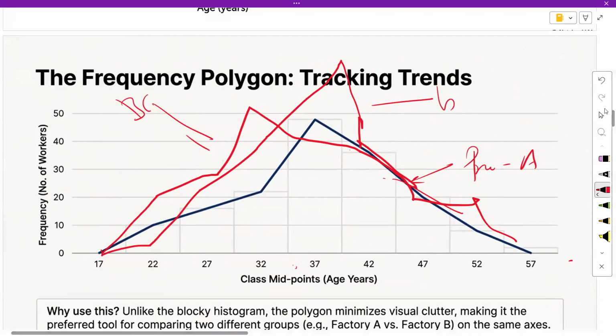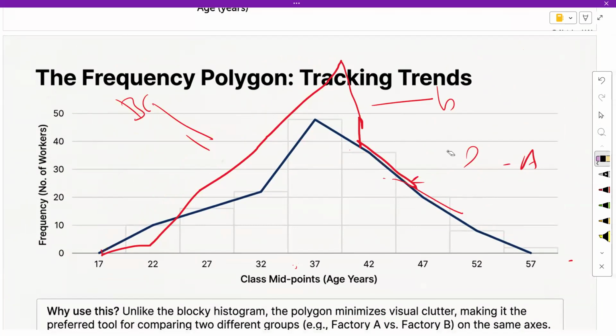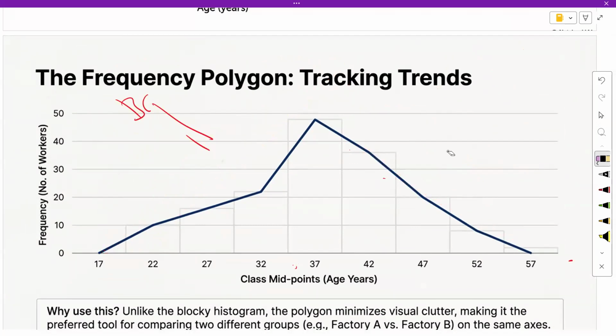In the same graph, earlier we connected the midpoints using a ruler. We find the midpoint locations, and using the ruler we connect them. But a smooth frequency curve means we connect them by hand.